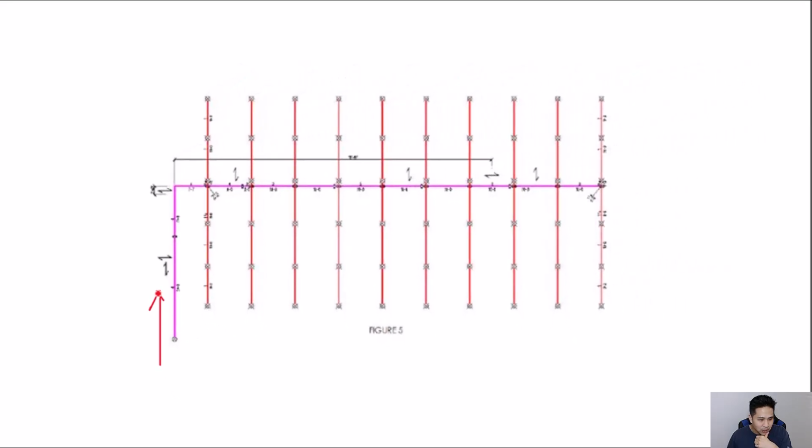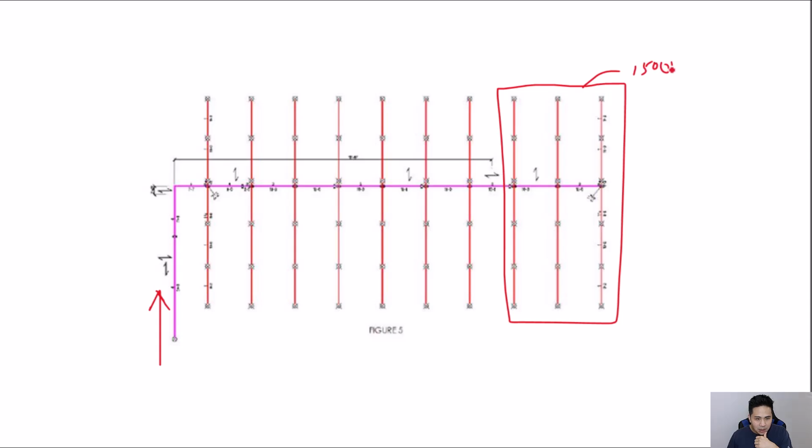That's the furthest point generally from the source, which is most likely this section right here. So if this was at least 1500 square feet, this would be your design area right here. So you would have to design your hydraulic calculations assuming that all of these sprinkler heads within that most remote 1500 square feet area are activated.